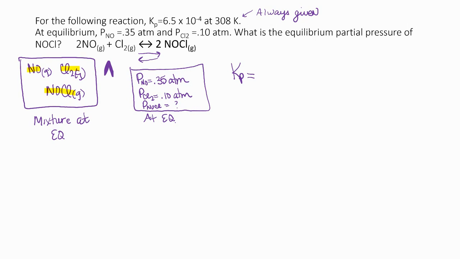Now let's go to our balanced equation. That means the pressure of NOCl squared, because of the 2, divided by the pressure of NO squared, because of this 2, divided by the pressure of chlorine. So if we're looking at that, we are really asking, what's the pressure of NOCl at equilibrium? And so we would just plug in.